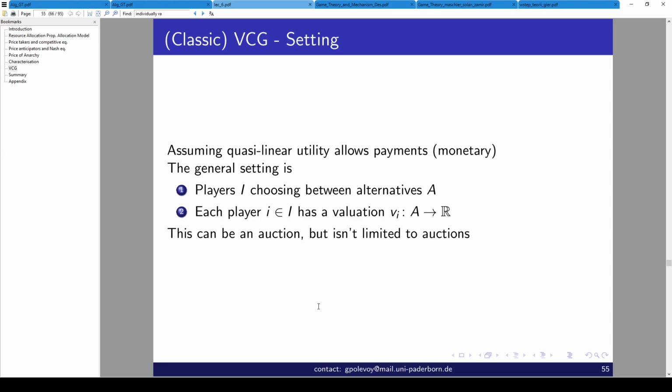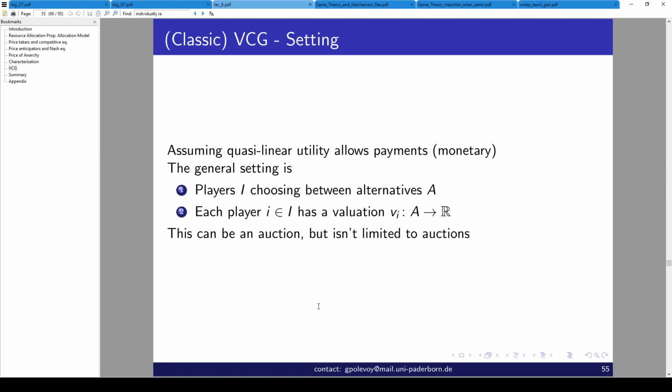So what a player gets is whatever the player values some option which is chosen, which can be just added to the payment, and it's crucial that we have payment, because without payment, it can be shown that we cannot, for example, attain an optimum and a truthful mechanism. We cannot motivate players to be truthful and attain an optimum allocation. But we do assume that we have payment.